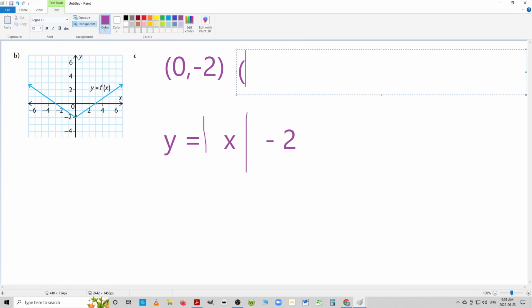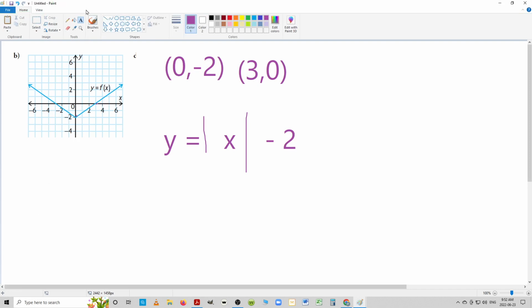You can essentially find the slope between those two. It's 0 minus -2, which is 2, and it's 0 minus -3, it's -3. So it looks like it's -2 over 3, which could make sense.